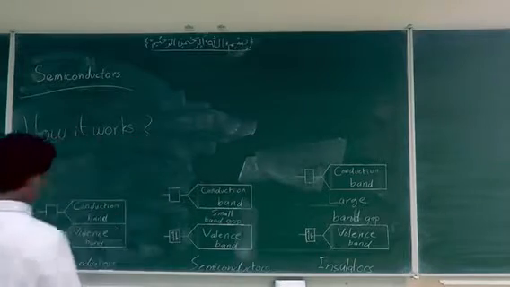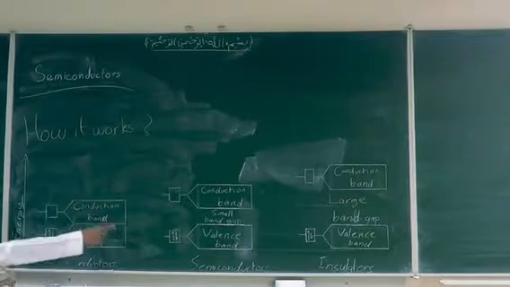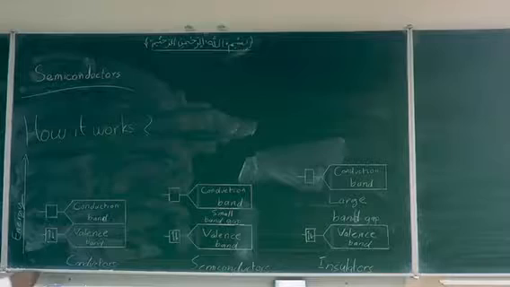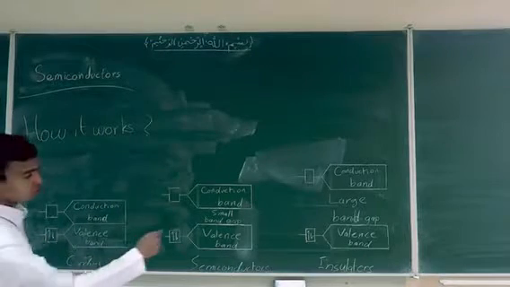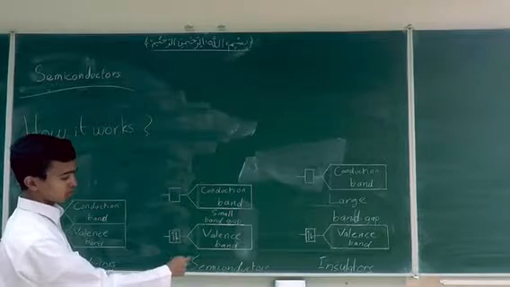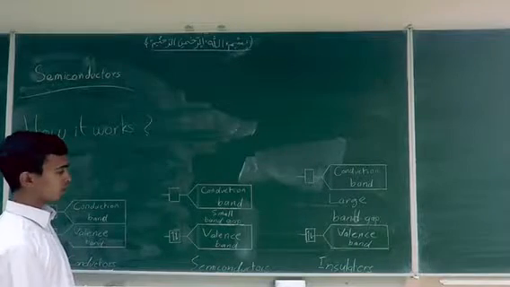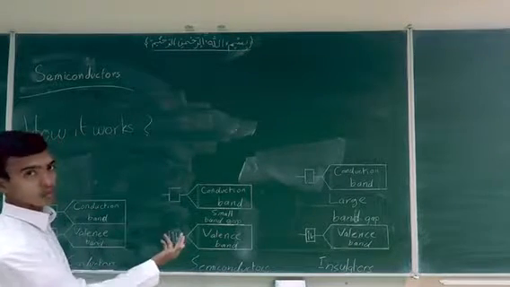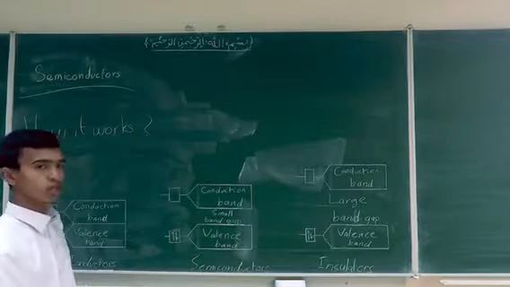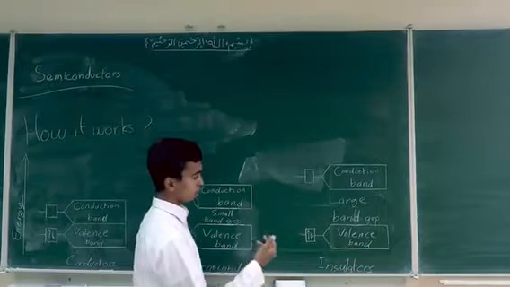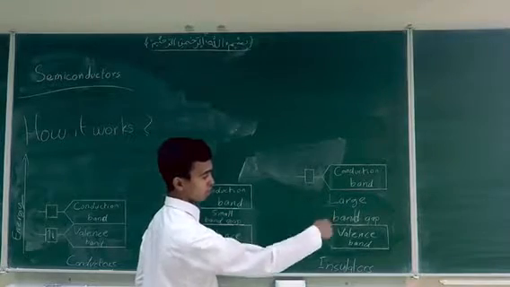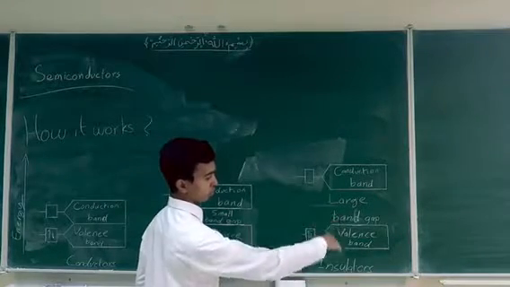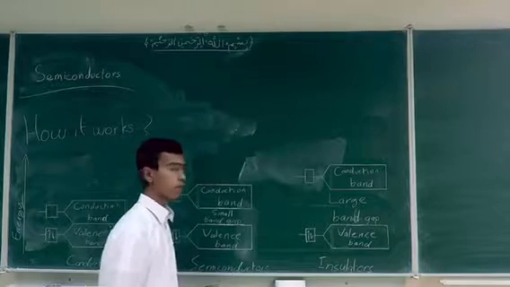Now the band gap can vary from nothing for the conductors, between the valence band and the conduction band, to a small amount in the semiconductors, and that's what makes semiconductors. And in the insulators, there's a large band gap between the valence and the conduction bands.